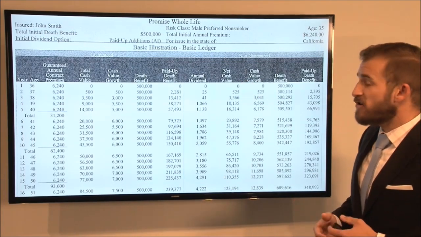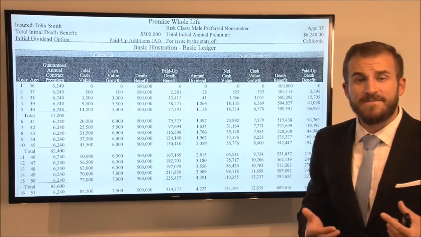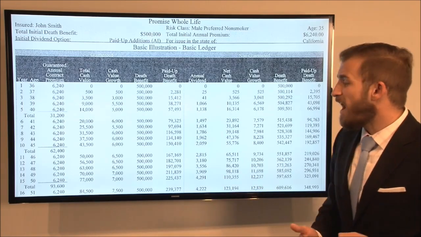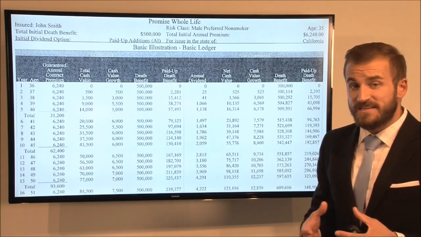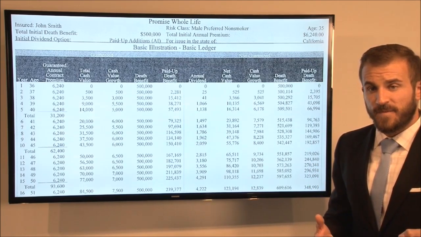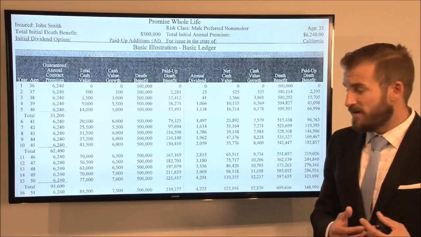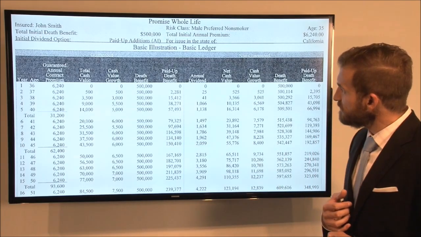The net cash value goes from zero, right? And by year 10, we're already at $55,000. By year 15, we're at $110,000 of cash value. That money can be taken out at any time. Obviously, if you're taking it out, it would reduce the death benefit, but the money's available to your client.